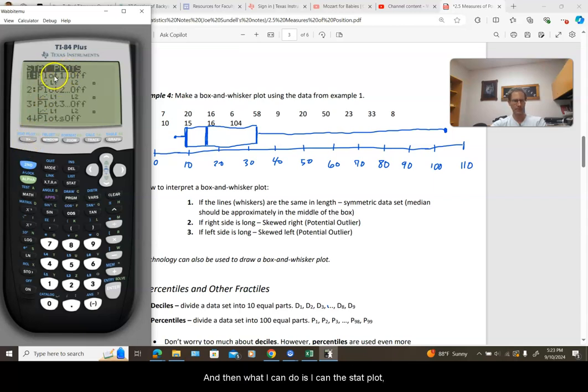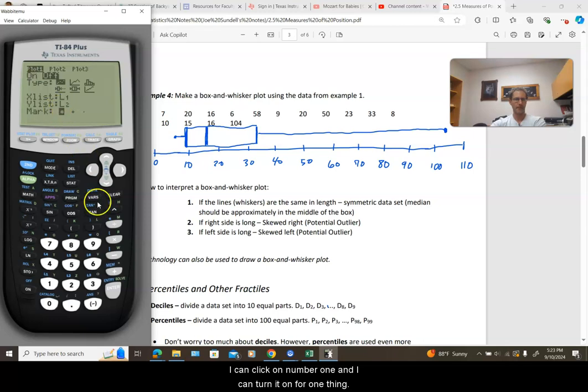And then what I can do is the stat plot, I can click on number 1, and I can turn it on for one thing. And then you want to scroll down here and select the shape that you're wanting. So we're not wanting a histogram, we're not wanting a time series graph, we're wanting a box and whisker plot. I think I need to keep going to the right. Yeah, there we go. So I'm going to hit enter.